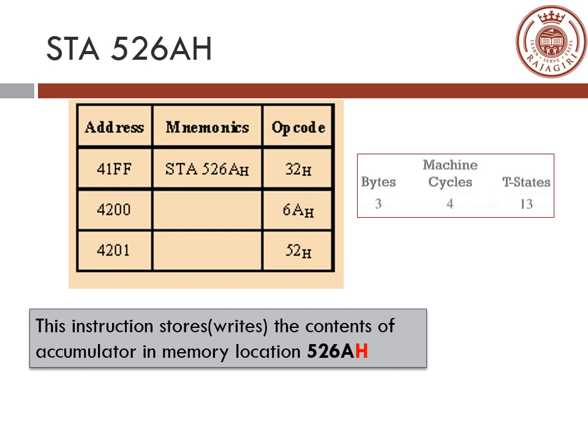Now in a particular memory location you can save only 8 bits. So using the combination of two memory locations, you will be specifying 526A. In 4200 you will be storing 6A. In 4201 you will be specifying 52H. Okay, so 3 bytes are required to execute this particular instruction.